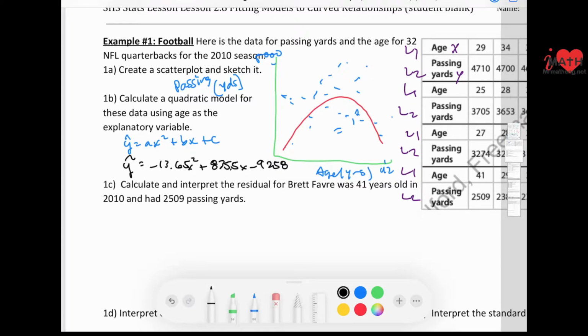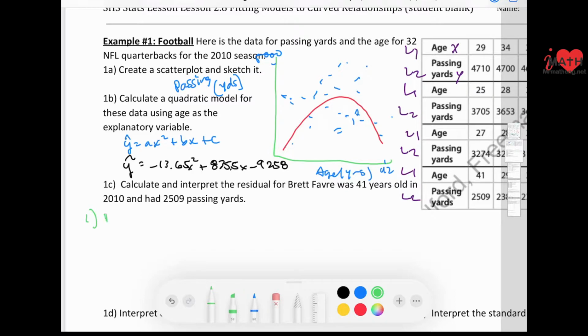Okay. 1C, calculate and interpret the residual for Brett Favre, who was 41 years old in 2010 and had 2,509 passing yards.